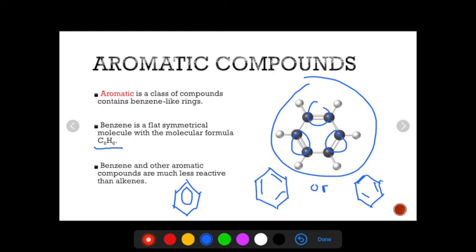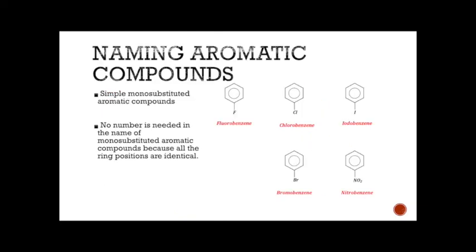So this is an aromatic compound. Again, it's a benzene-like ring. I'm going to show you some simple monosubstituted aromatic compounds.